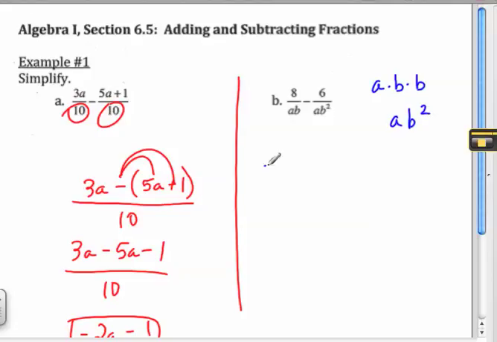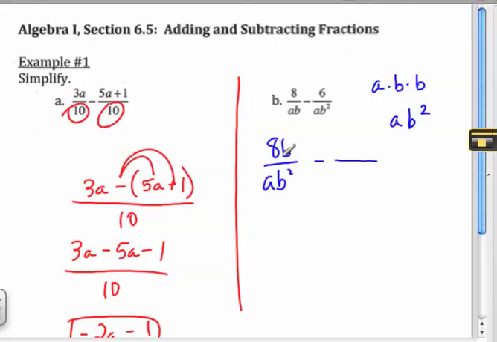Let's look at each of these fractions. Did the denominator in the first fraction change, Benny? It did. What did we do to it? It's now ab squared. What did we multiply it by? b. So that means we have to multiply the numerator by b. If I multiply the denominator by b, I have to multiply the numerator by b.